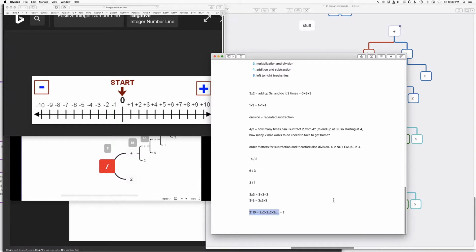Does that one look similar? Okay, so that is 3 to the power of 3. So is that like 3 times 3, 3 times? Yeah, multiplying together 3 3s. This one is multiplying together 10 2s. Okay. 10 twos.